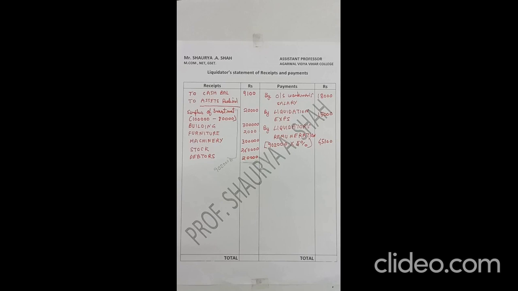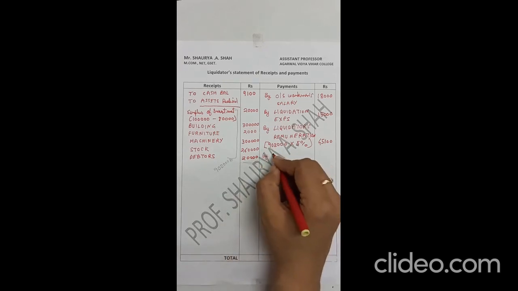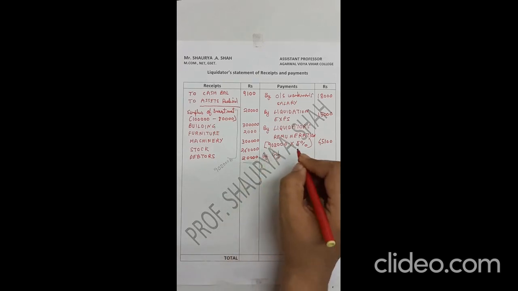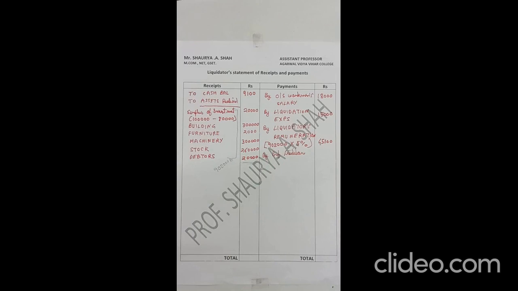Okay. Now, once you have paid your secured creditors, once you have paid liquidation expenses, then you have paid liquidator's remuneration. Now starts the main part after that, which is by preferential creditors.